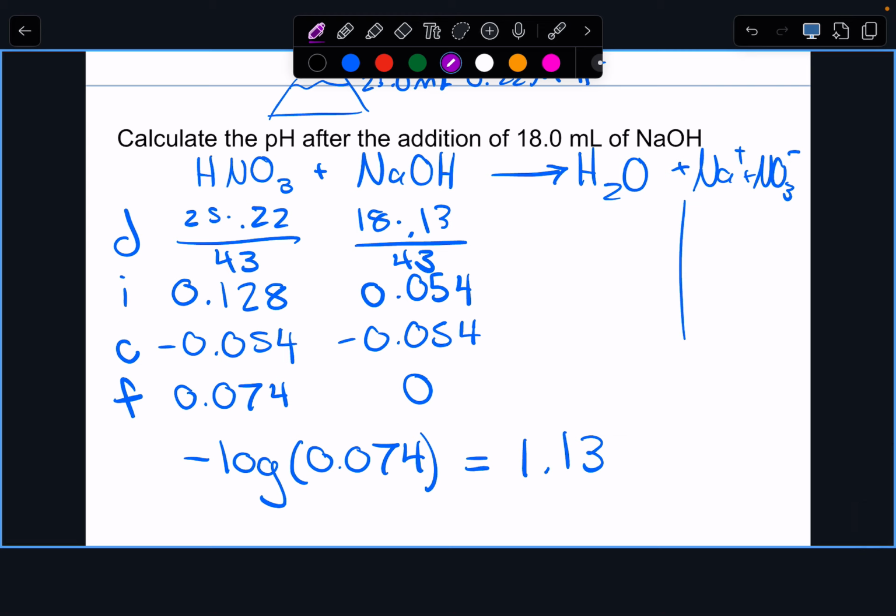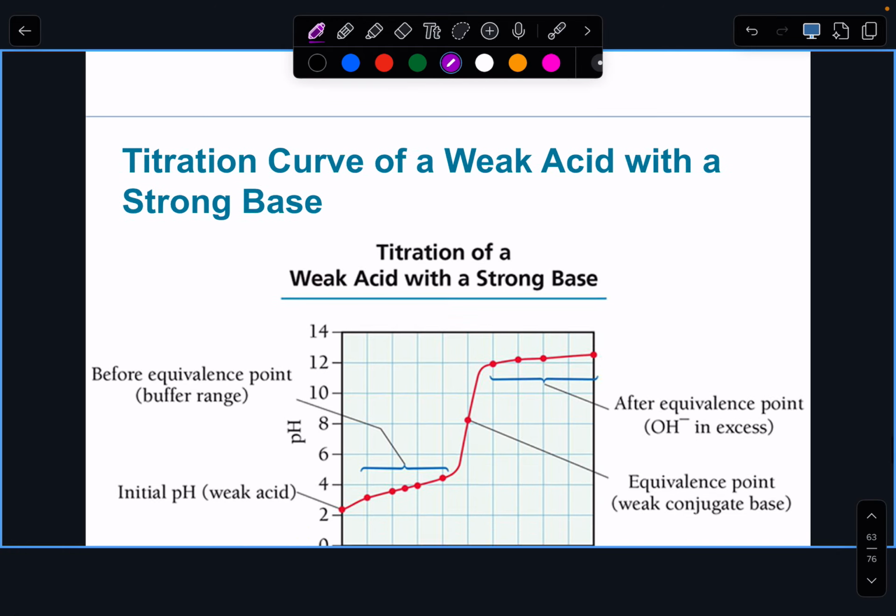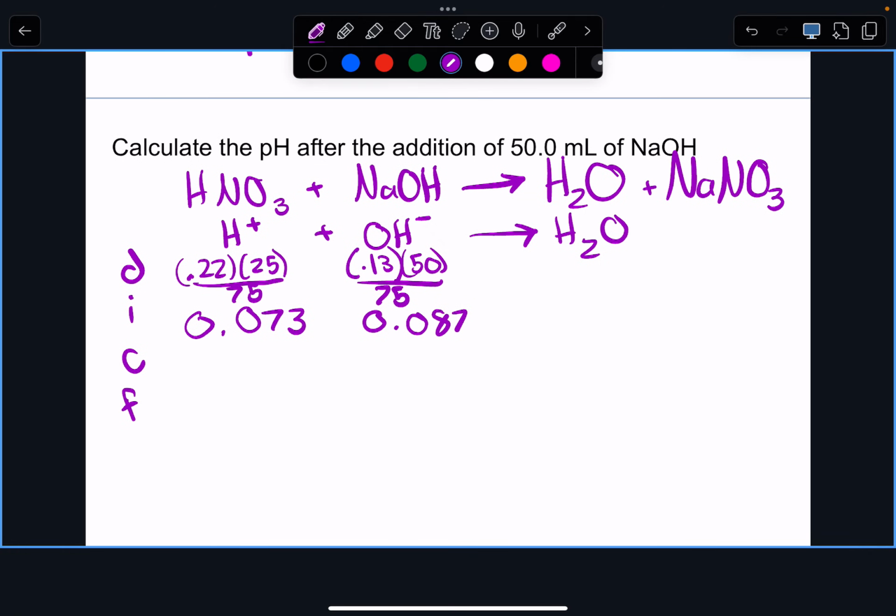The difference is that before the equivalence point, the base is the thing that's in the smallest amount. You haven't yet matched up the base and the acid, so we're subtracting off the base and leaving behind some acid. In this one, the smallest amount is now the acid, so we subtract off the acid and are left with some base. You still follow the same routine. You just need to recognize that at the end you have base left over, which means that's the concentration of OH minus, not H3O plus.